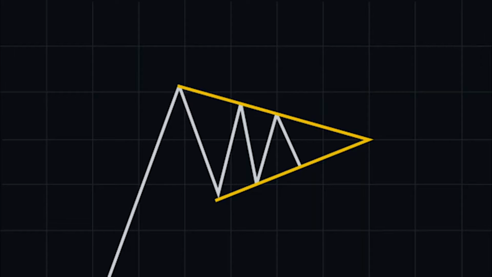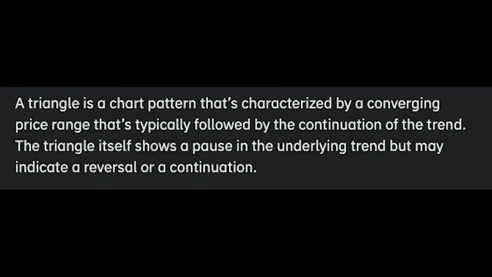Another one is the pennant. Pennants are basically a variant of flags where the area of consolidation has converging trend lines more akin to a triangle. Now, the pennant is a neutral formation. The interpretation of it heavily depends on the context of the pattern. Triangles. A triangle is a chart pattern that's characterized by a converging price range that's typically followed by the continuation of the trend.